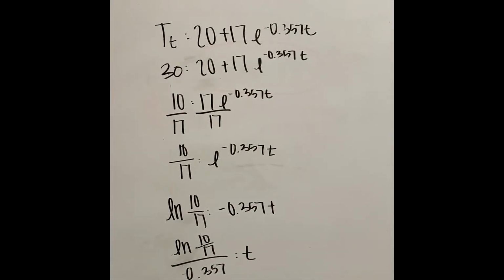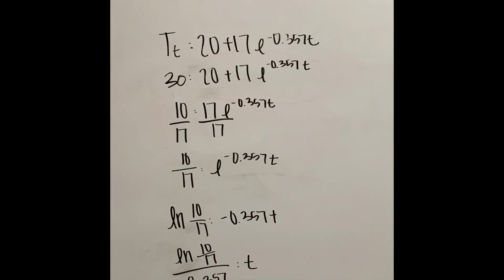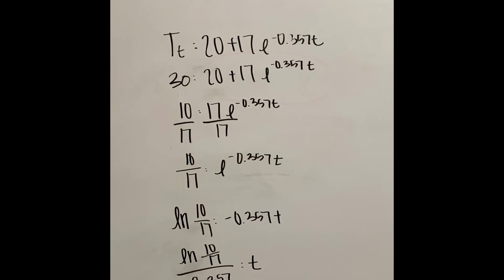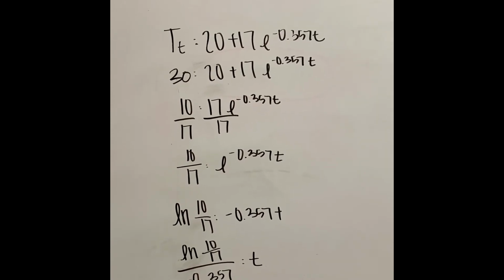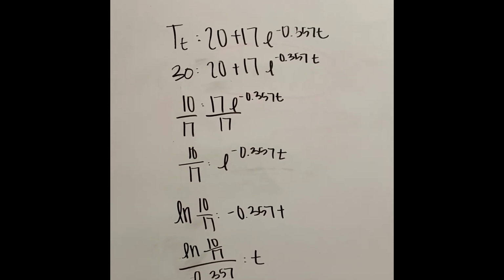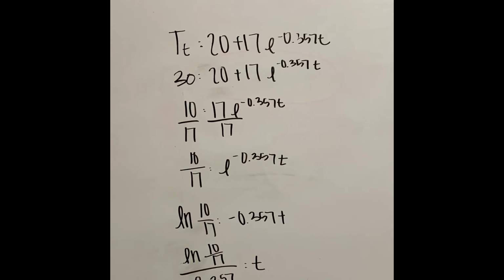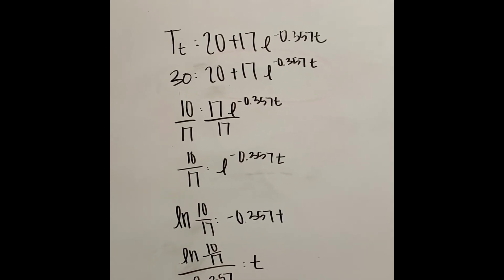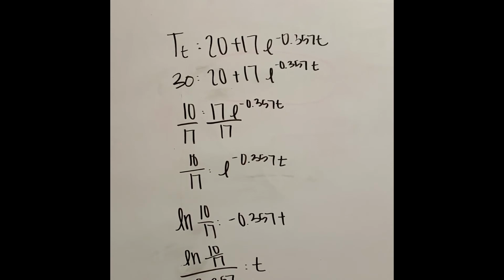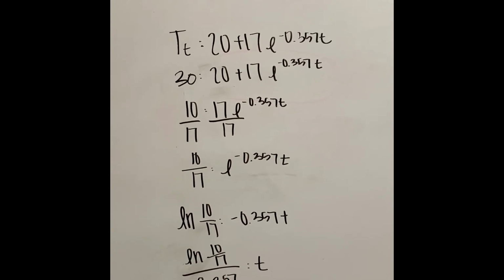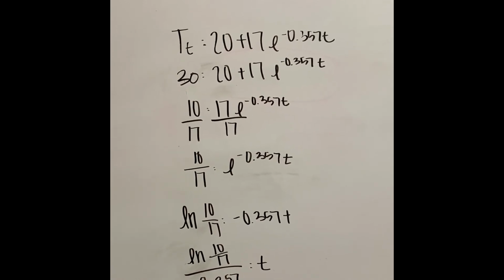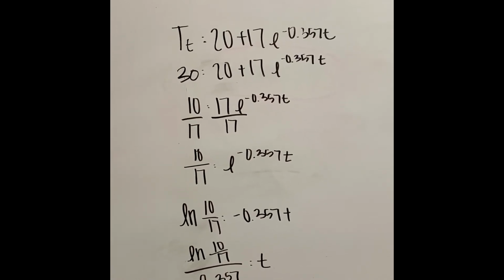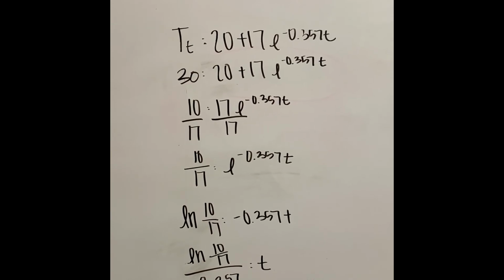Okay, now that we have our k value, we can plug that into our y of t equation, which represents the time difference from when she was killed to when Detective M found her body. So we're going to put in 30 for the temperature at the time he found her body, and then we're going to solve. We can do that by subtracting the 20 from the side with the 30. That gives us 10. Then we divide by 17, which gives us 10 over 17 equals e to the power of negative 0.357 t.